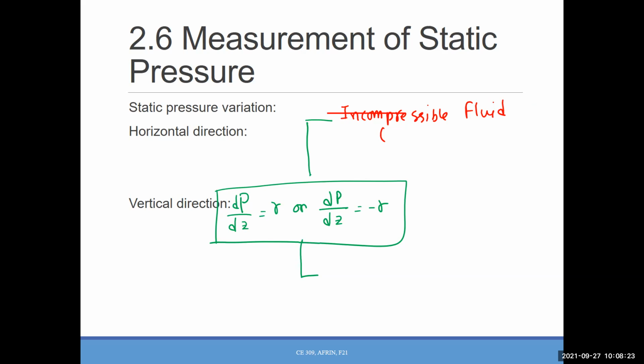So incompressible, you are not able to compress that. That's why it's incompressible, right? So that means gamma is constant. That means the volume is always constant, and the example can be water or any liquid.